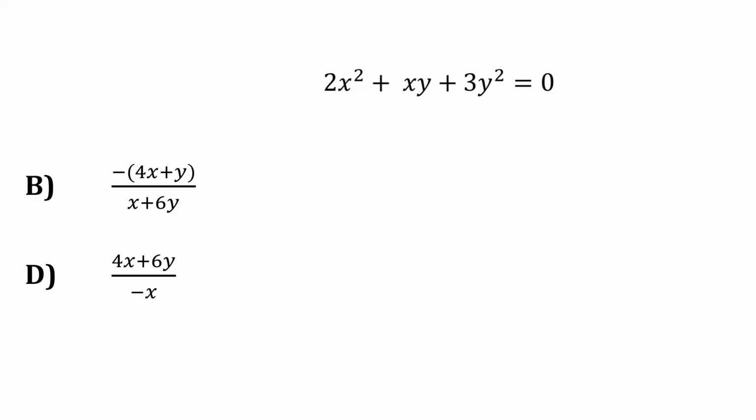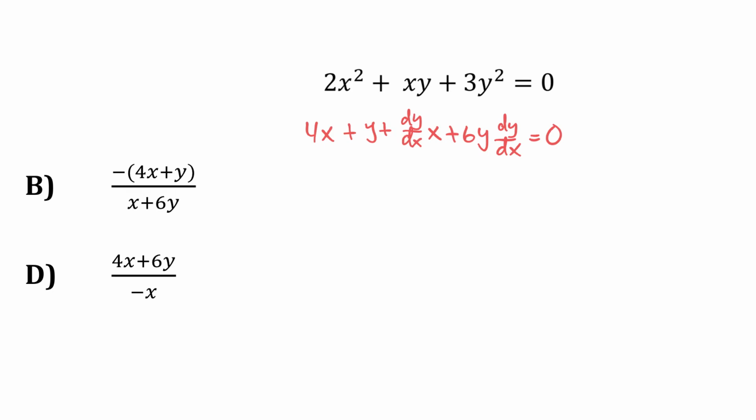So dy dx, well, this is 4x dx plus product rule f prime g plus g prime, which is dy dx, x, plus 6y dy dx equals 0.